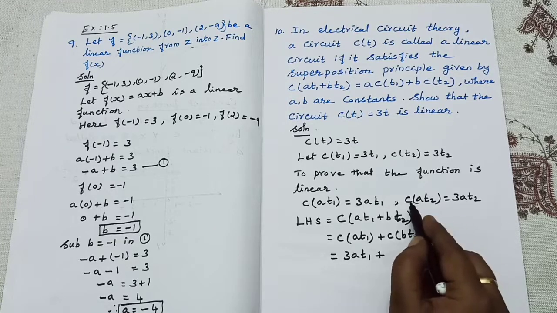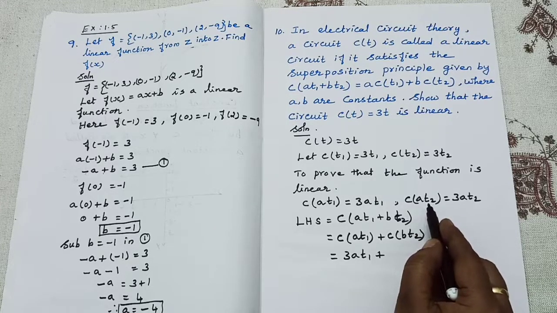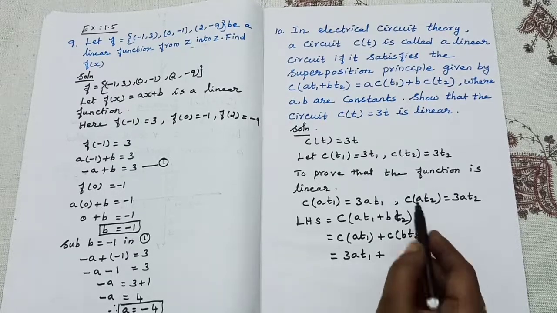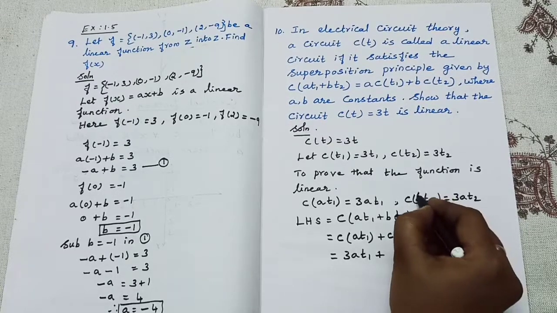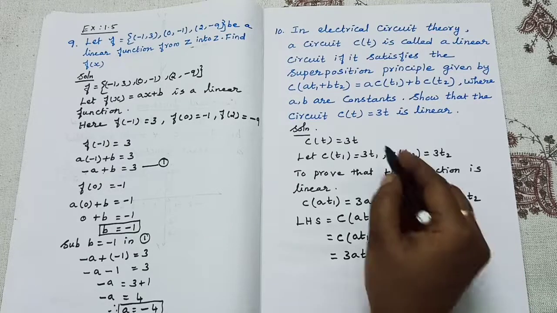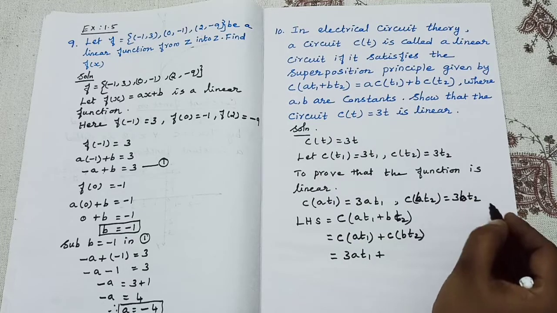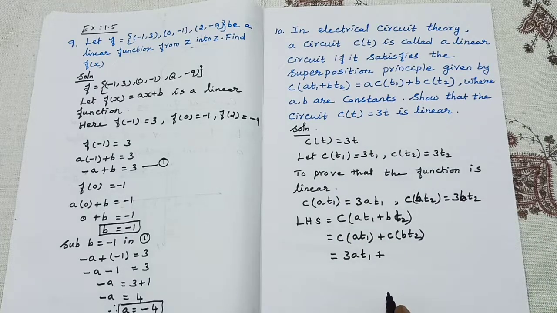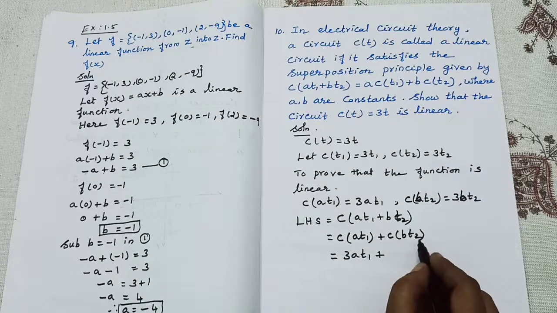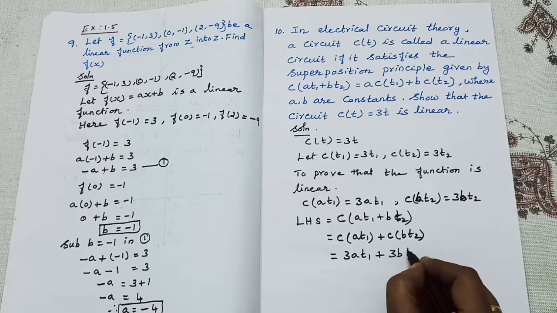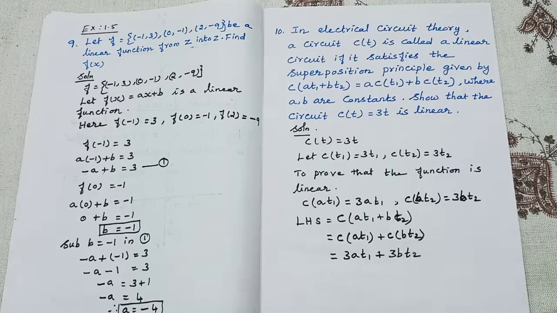Then next, C of B T2: here also you should take B T2. Then only we can prove it. C of B T2 is equal to what? 3B T2. Am I correct?